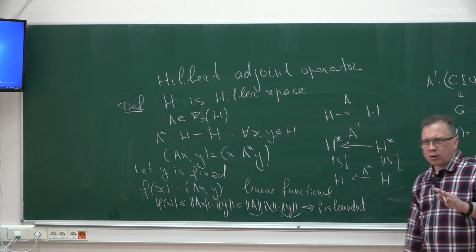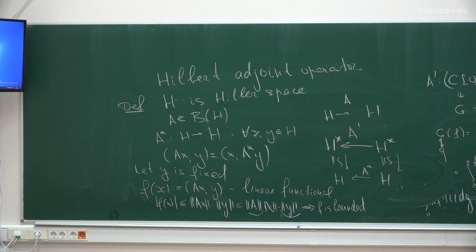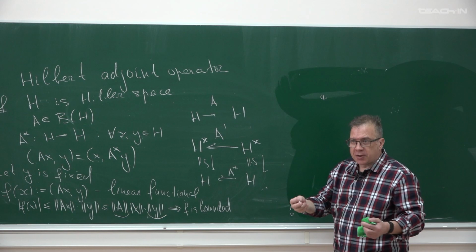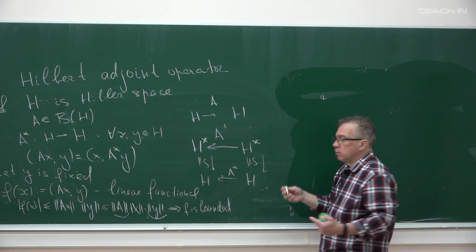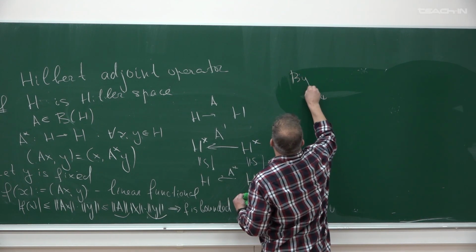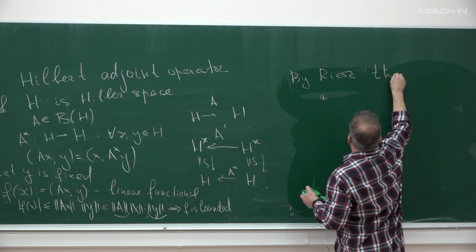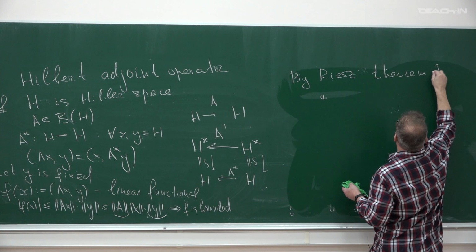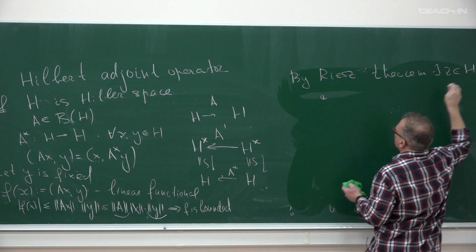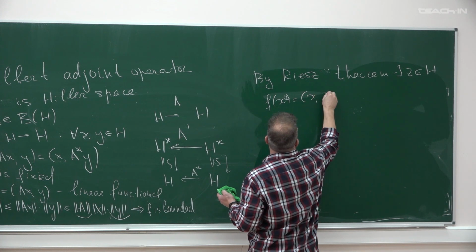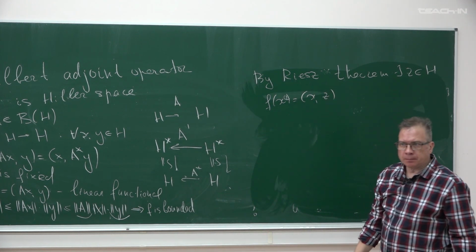It's sufficient only to show that it is bounded. By Riesz's theorem, what do we know about bounded functionals? There exists an element z from H such that this functional f(x) looks like the scalar product (x, z).